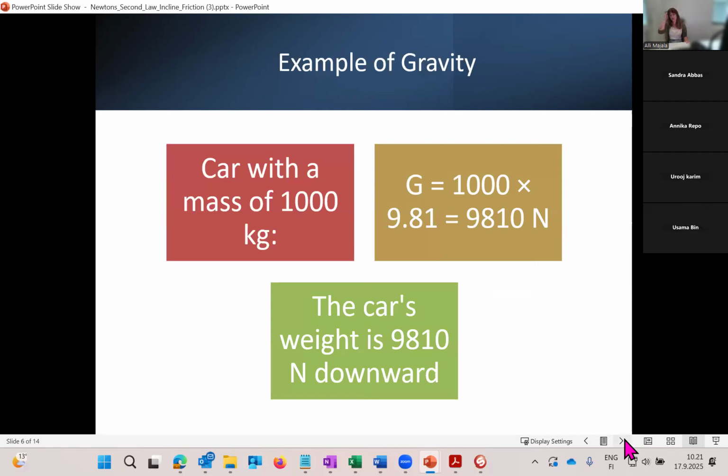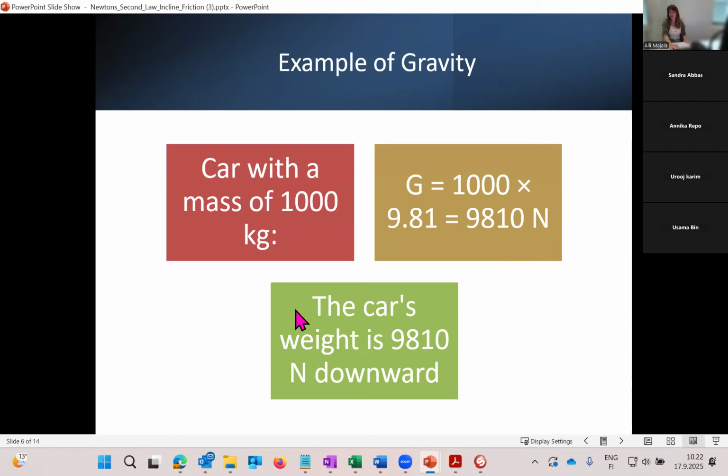So a car that has a mass of 1,000 kilograms has the gravity, or weight. In English, you say mass and weight. And in Finnish, we sort of use the same word for both, and then it mixes up the students, maybe even the teachers.